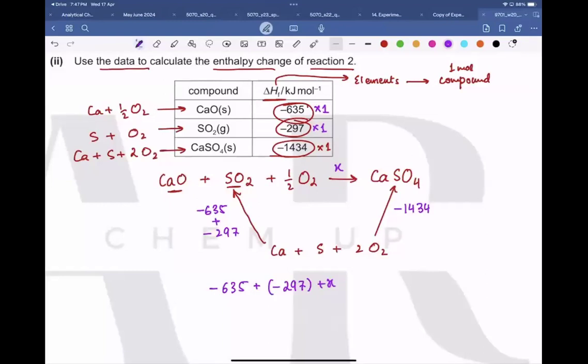Elements to compound is formation. Okay, Kev? And here the formation is given, so elements are turning into this compound. And these elements are turning into this compound. Is it clear? And then I will equate it to minus 1434.